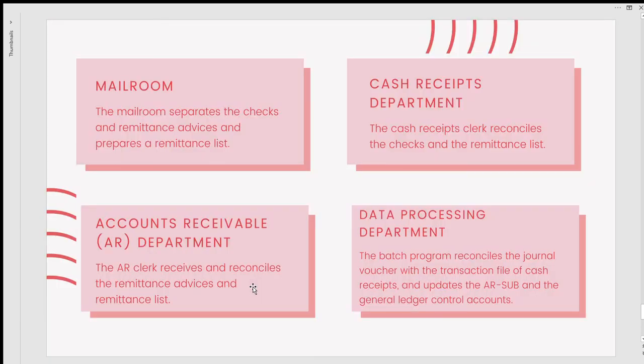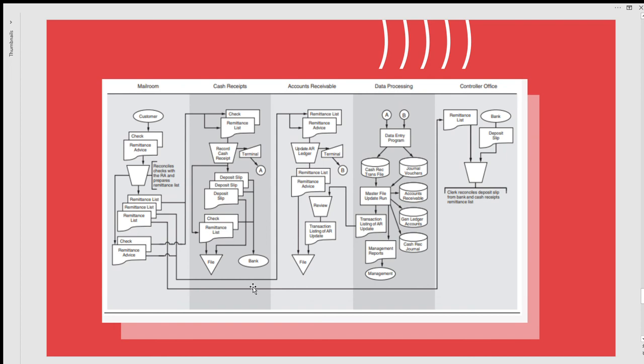The AR collects, receives, and reconciles the remittance advices and the remittance list. After receiving them, the clerk will reconcile them via terminal.